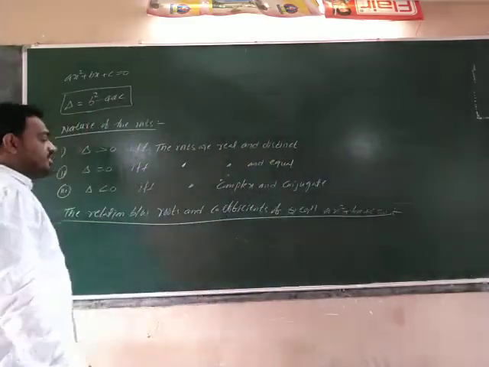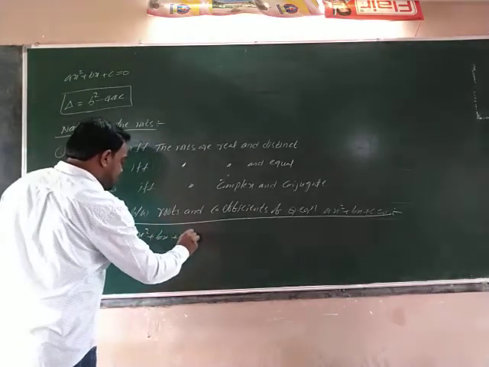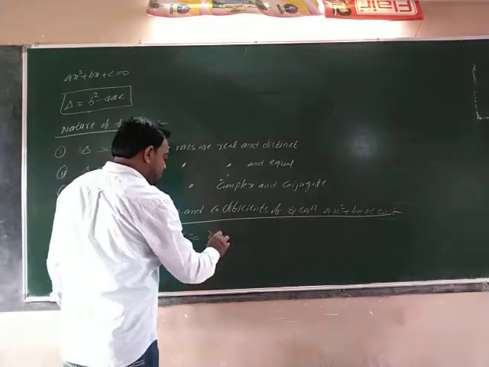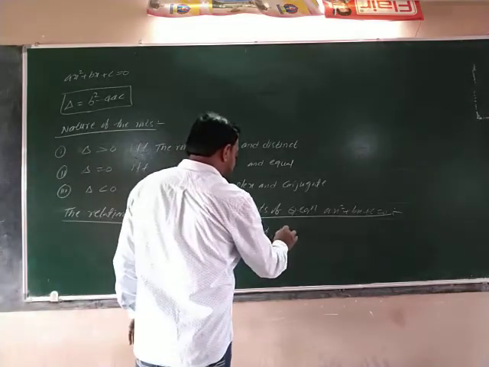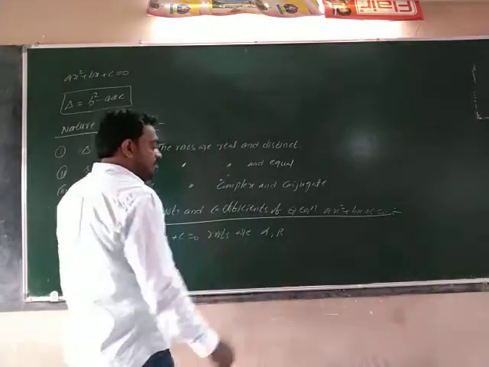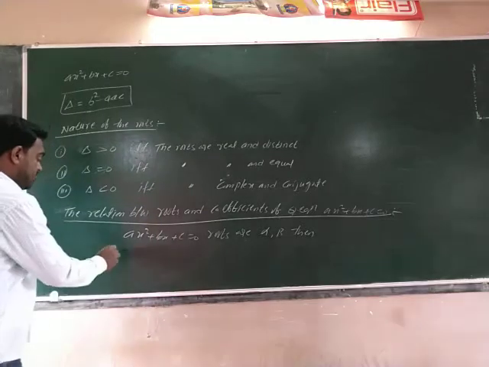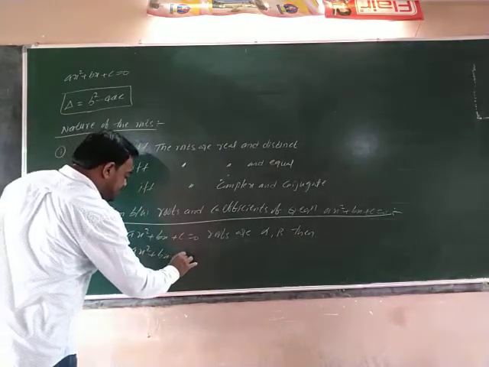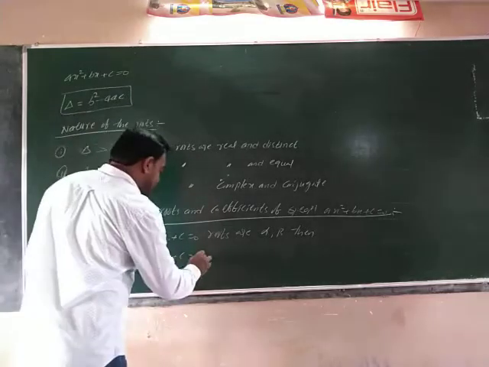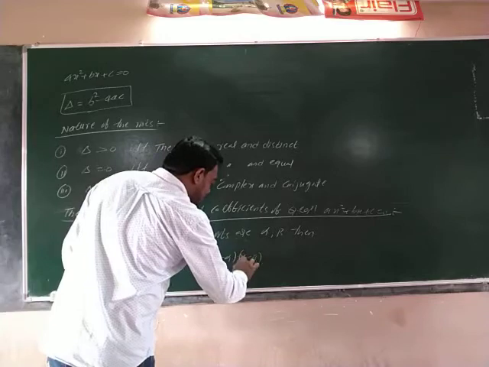See here, ax square plus bx plus c equal to 0, the roots are alpha, beta. Then first, ax square plus bx plus c we can write as a into x minus alpha into x minus beta.